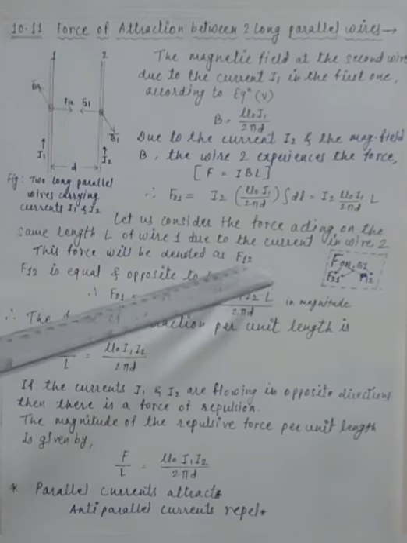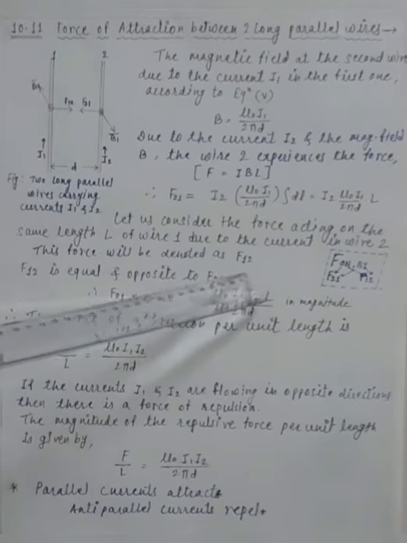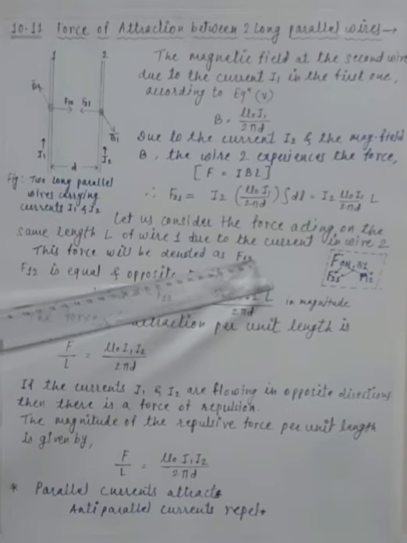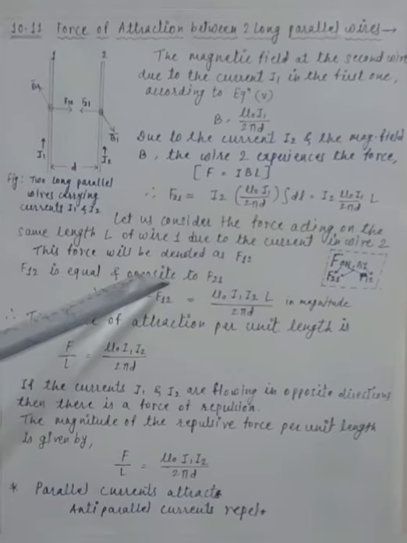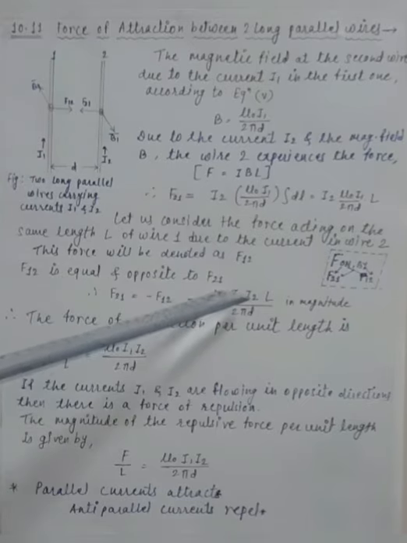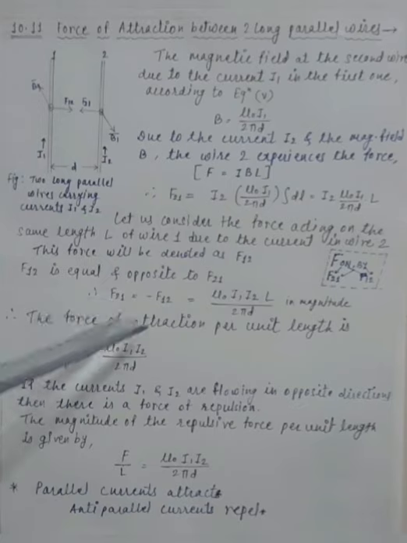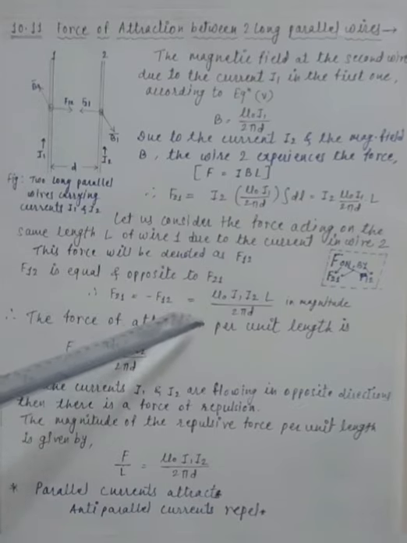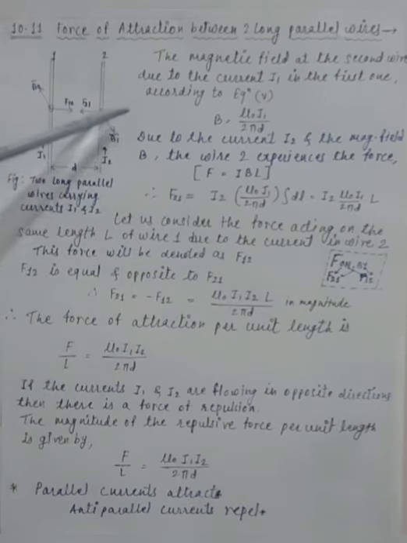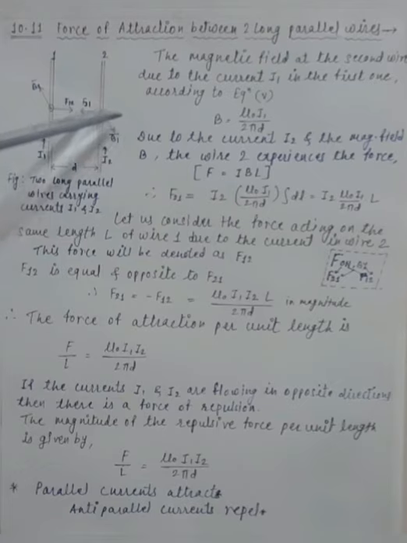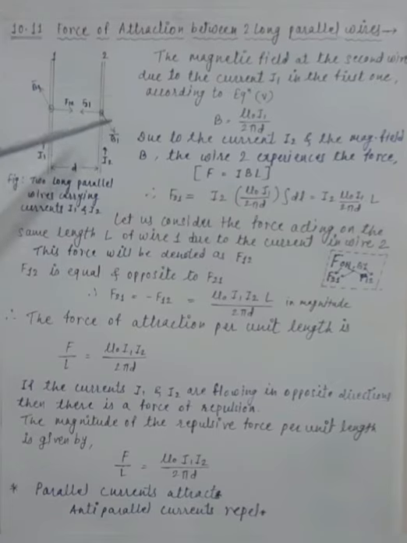F12. F12 means force acting on first conductor by second conductor. This force F12 is equal and opposite to F21. Therefore, we can write F21 equal to minus of F12, because the direction of force acting on second conductor is towards the first conductor.